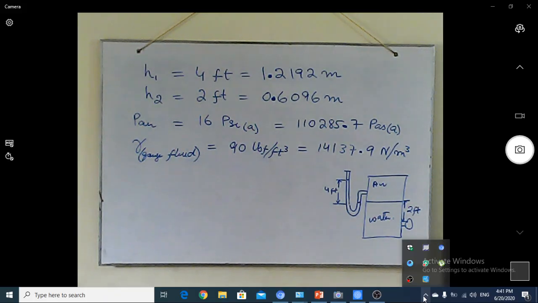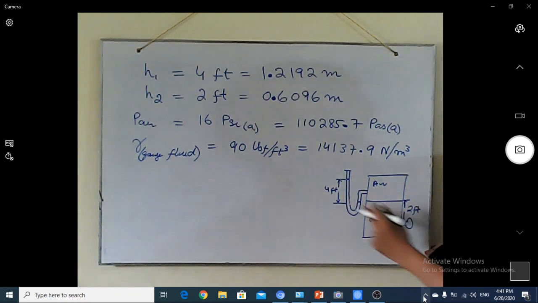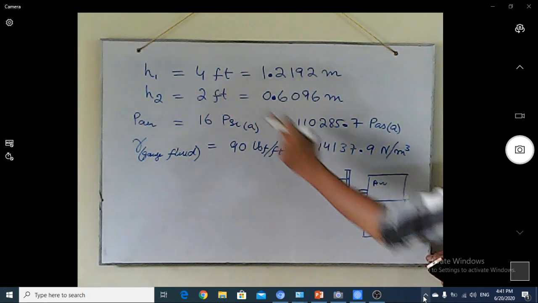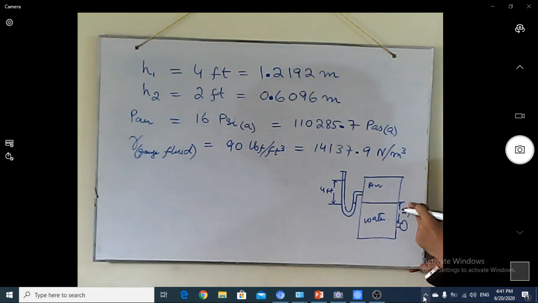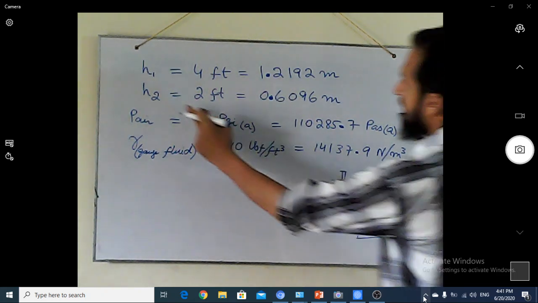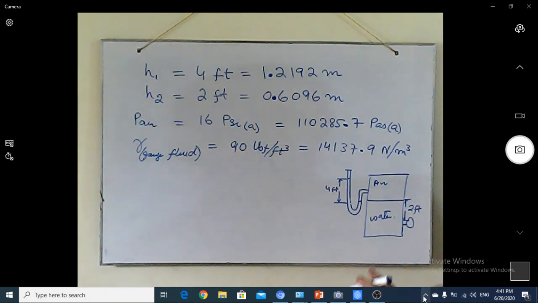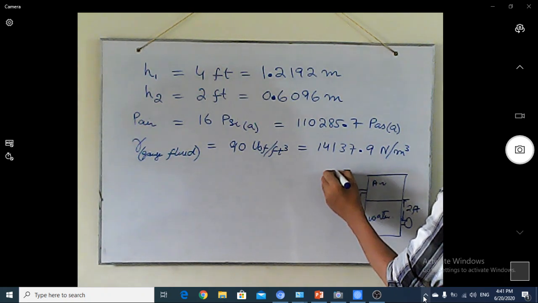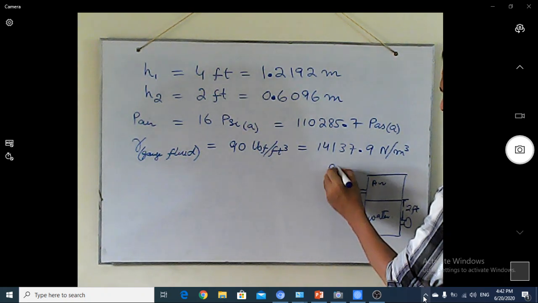As you can see in this figure, I denote this height as H1 and this height as H2, and we know the pressure at this point. Let's say this is point 1.